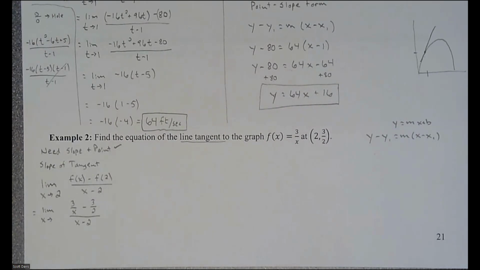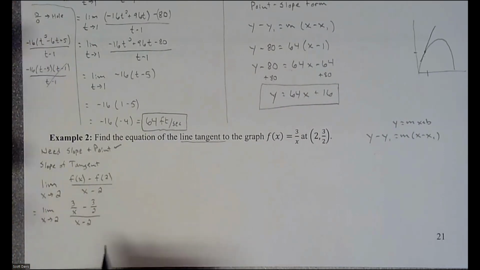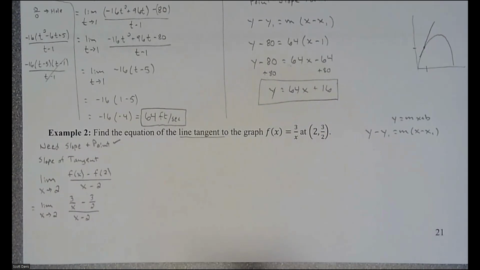All right, so the problem is right now, if I were to plug in 2, because our limit is x approaching 2, I'd have 3/2 minus 3/2, and I'd have 2 minus 2. So I would get a 0 over 0, which is a hole, which means I got to do a little bit more work to this, right? That also means the limit exists, but I got to figure out how to find it.